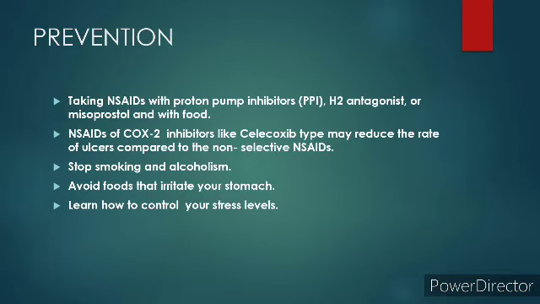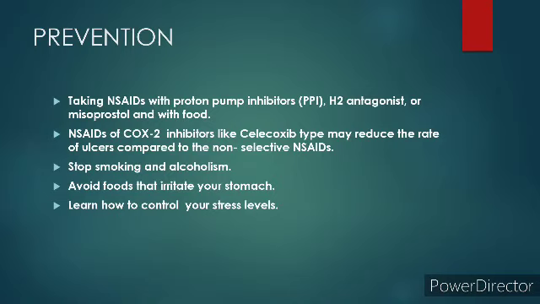Then lastly, we can talk about the prevention. How do we prevent PUDs or peptic ulcer disease? The first way is taking NSAIDs with proton pump inhibitors or H2 antagonists or misoprostol, and with food.